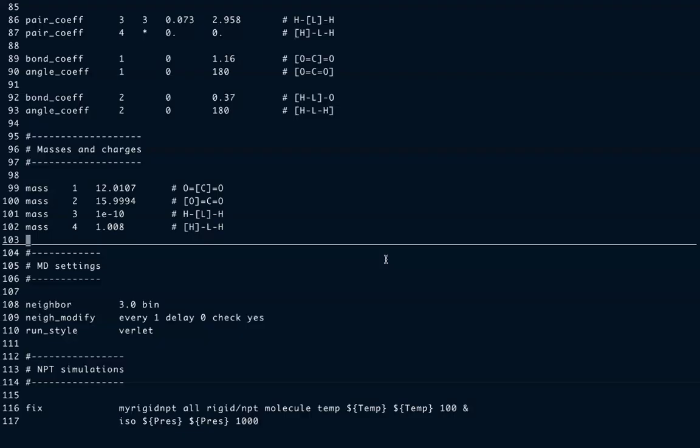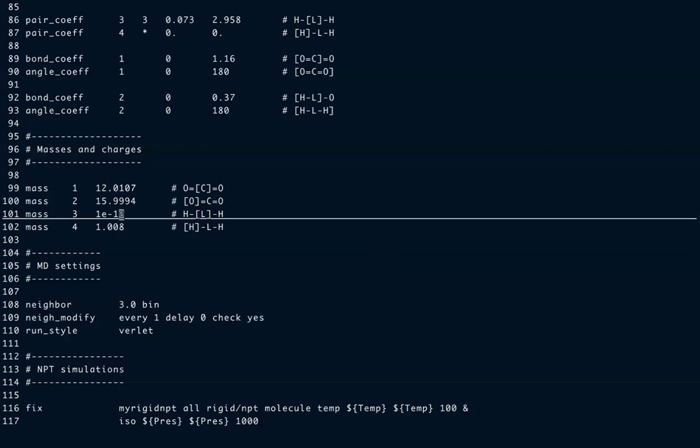Okay, so now we have set all the masses, and an important point to note here is for the dummy site, we just want to make sure that it has a very small mass, so that it doesn't affect the dynamics of the entire molecule.